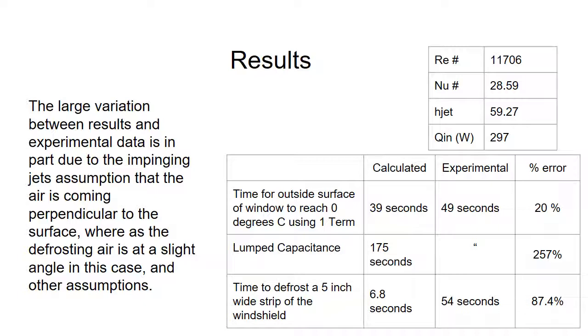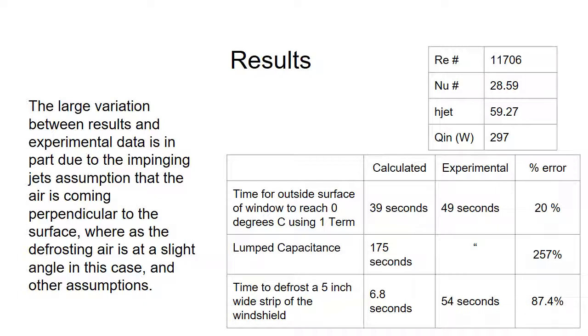Like Colton mentioned earlier, we let the car warm up first so we could get a hopefully constant Q to make our calculations simpler. The time for the outside of the windshield to reach 0 degrees Celsius was 39 seconds using the one-term solution. We also tried calculating it with lumped capacitance and got 175 seconds.